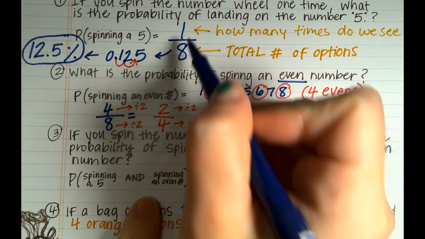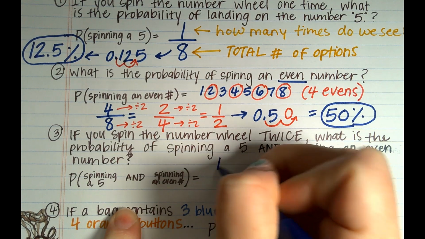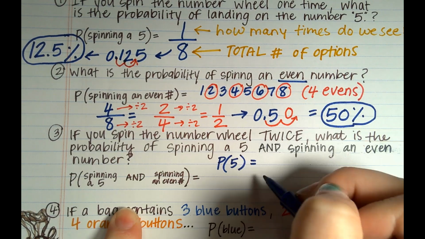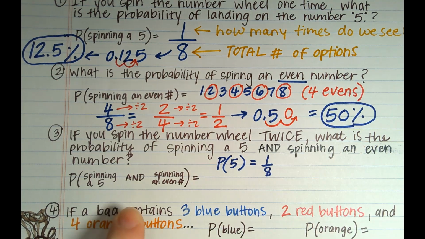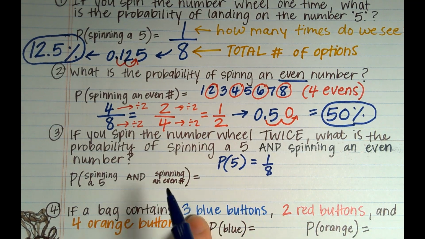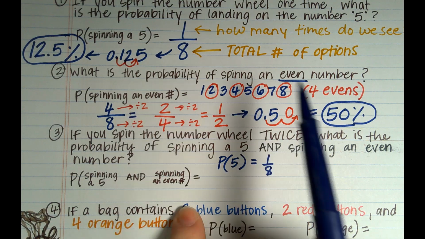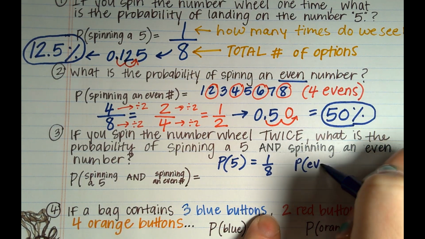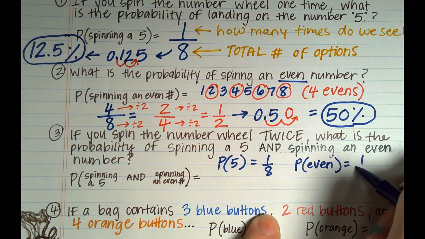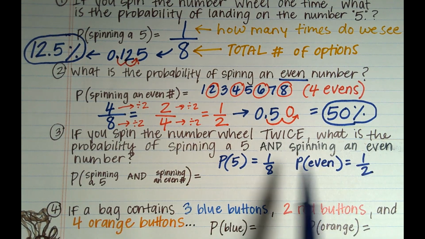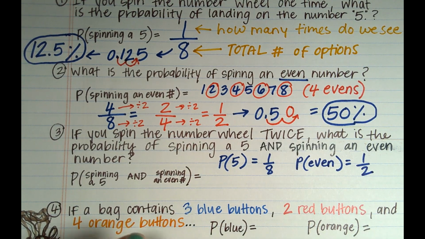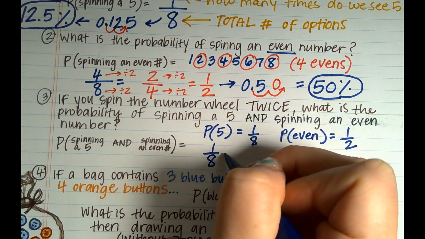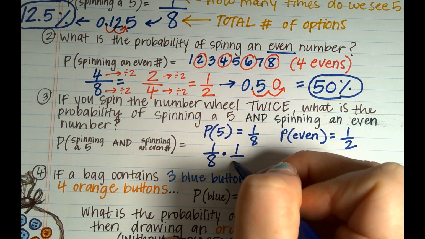So spinning a 5, we said it was 1/8. The probability of an even number, we said, was 1/2. So we're going to multiply these two fractions. 1/8 times 1/2.